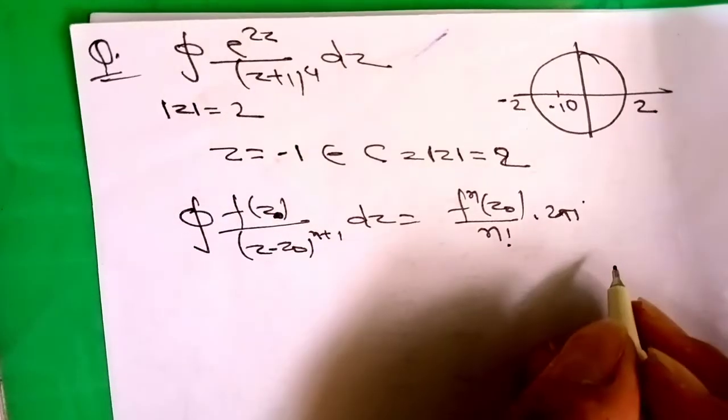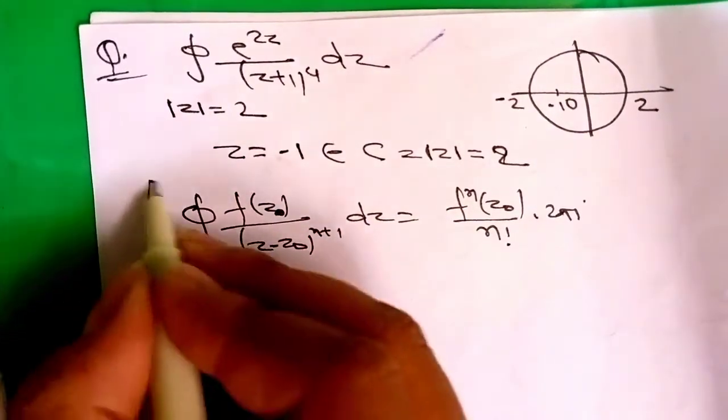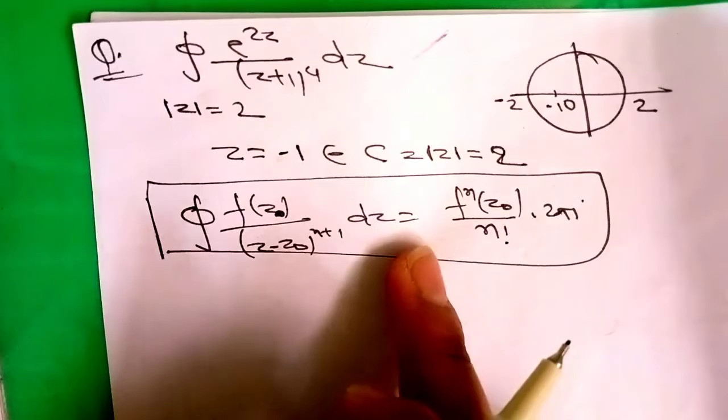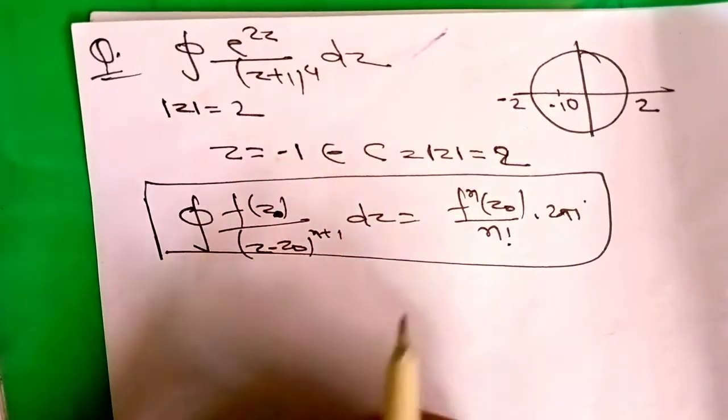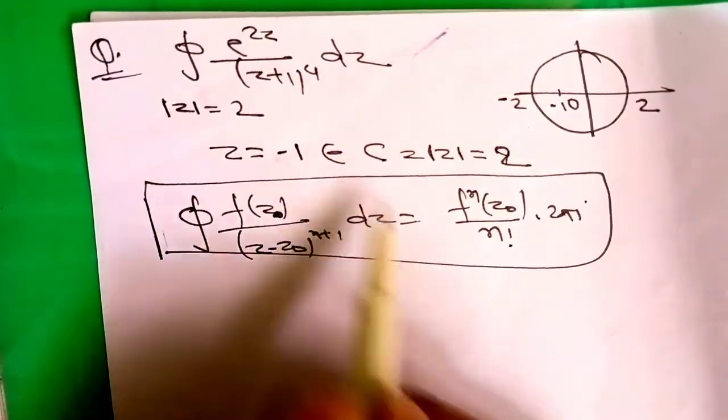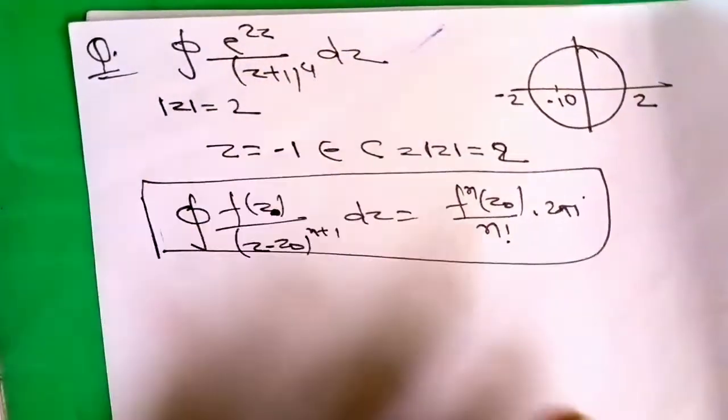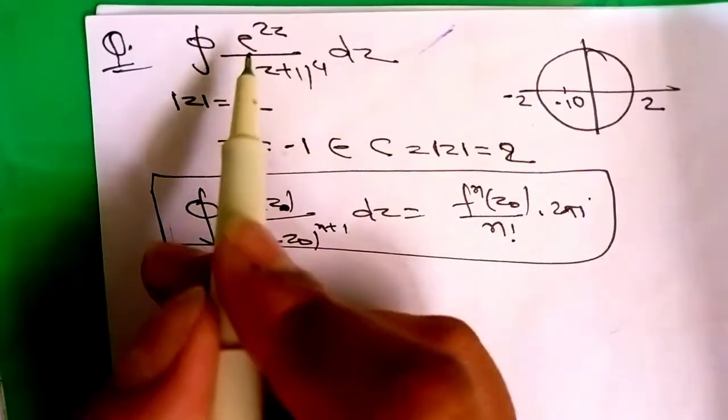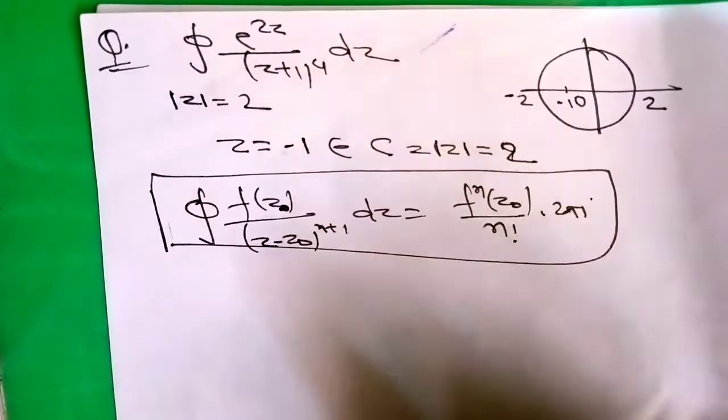This is the Cauchy integral formula, and using this we are going to integrate. The right hand side is the same: f(z) e^(2z) upon (z plus 1) to the power 4 dz.